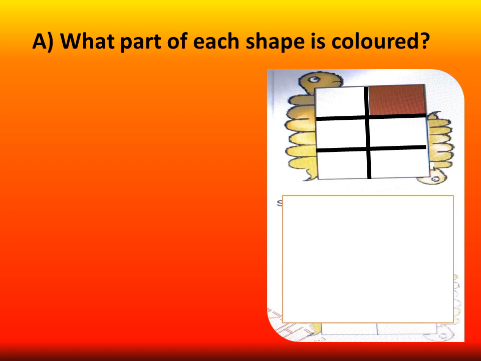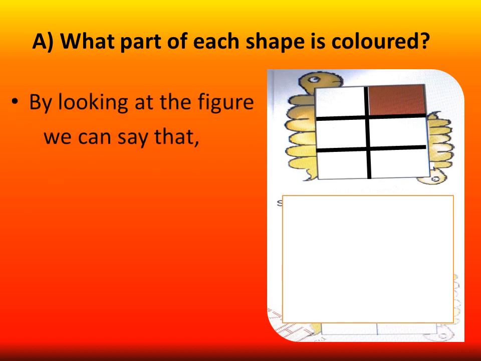So now total how many parts are there? 9. And how much part has been shaded? Only one part has been shaded. So the required shaded part is how much? 1 upon 9. So 1 upon 9 of the shape is colored.